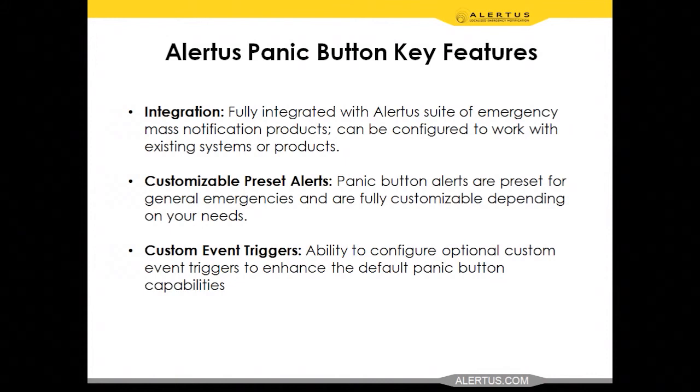One of our customers, actually a corporate customer, had 3 different panic buttons: one for weather warning, one for lockdown, and one for duress. Basically, they need to be able to get help, either for a medical emergency or when the authorities need to be contacted.